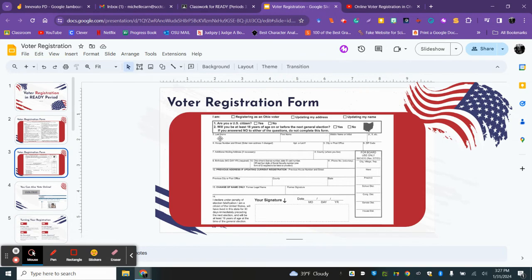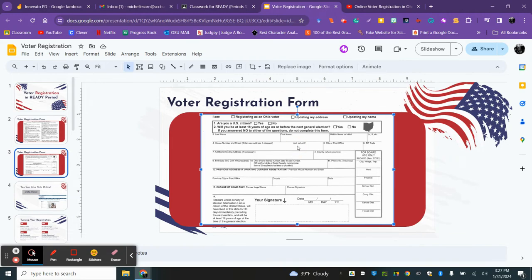So in box 3, you're going to put your last name. Print clearly. Then you're going to put your first name, your middle name or the initial of your middle name, and then indicate if you're a junior or the second, etc. On line 4, you're going to put your house number and street.